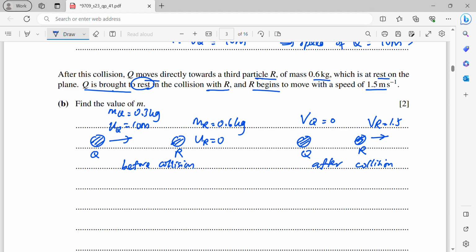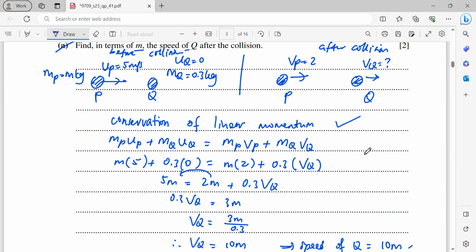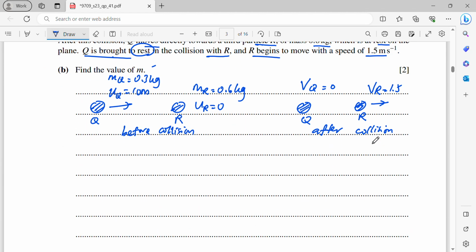Okay, now we need to find the value of m. So again, use the same principle, which is the conservation of linear momentum. We consider the momentum before and after the collision. So now I will get mq uq plus mr ur equals mq vq plus mr vr.